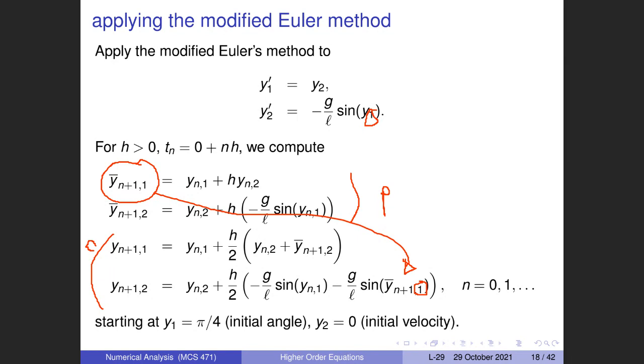I won't make a complete mess of the slide, but please look very carefully at the indexing on how the methods are applied. So in the correction stage, we do a weighted evaluation of the function evaluations. So we have the format of the trapezoidal rule again.